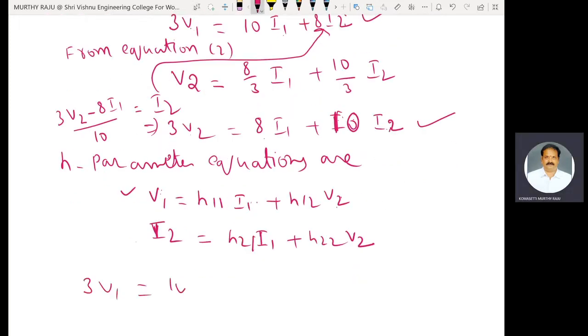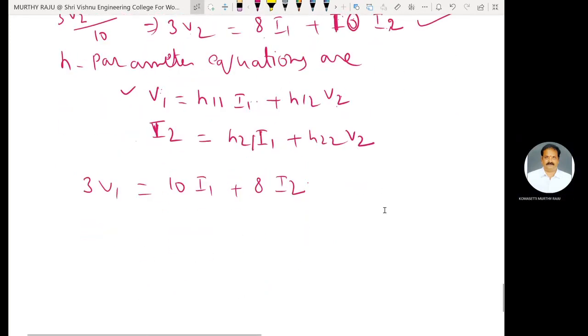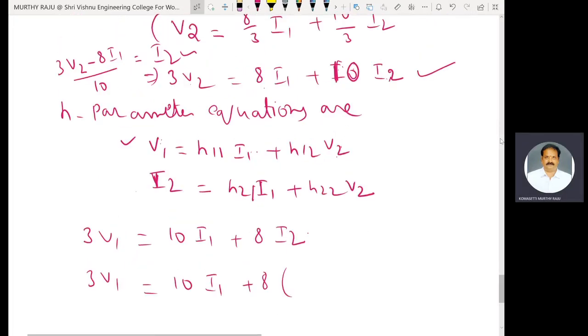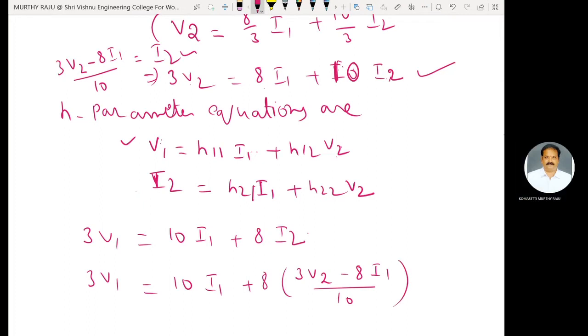Write down 3V1 is equal to 10 I1 plus 8 I2. Substitute the I2 value, which is 3V2 minus 8 I1 by 10.